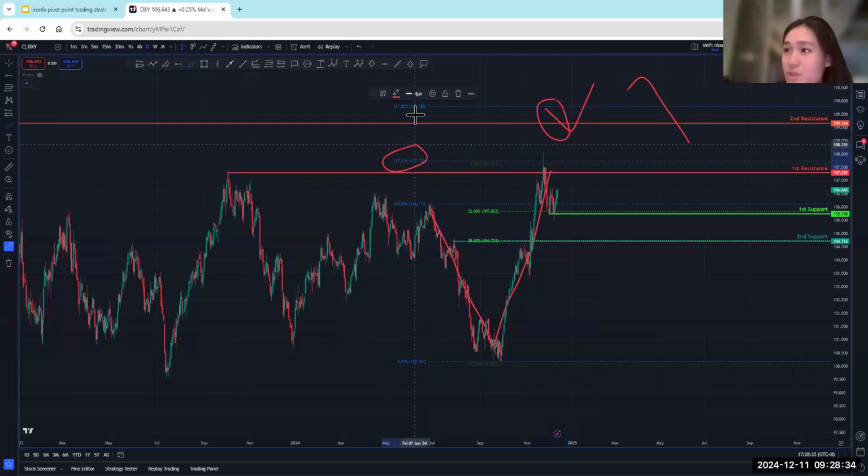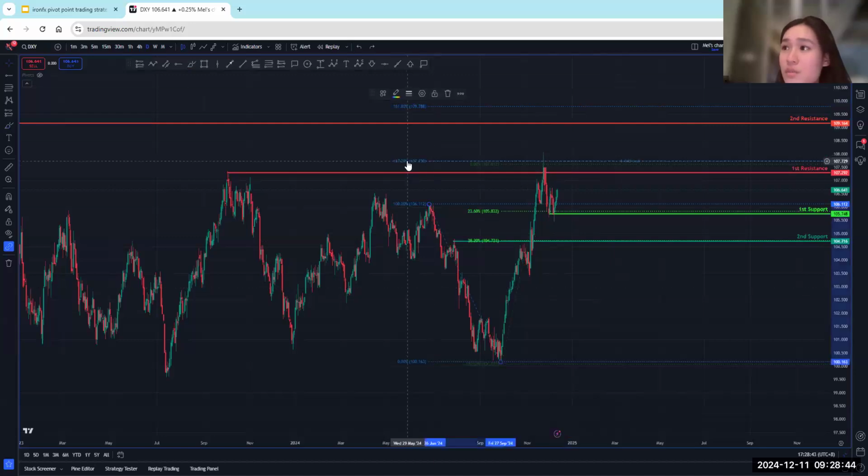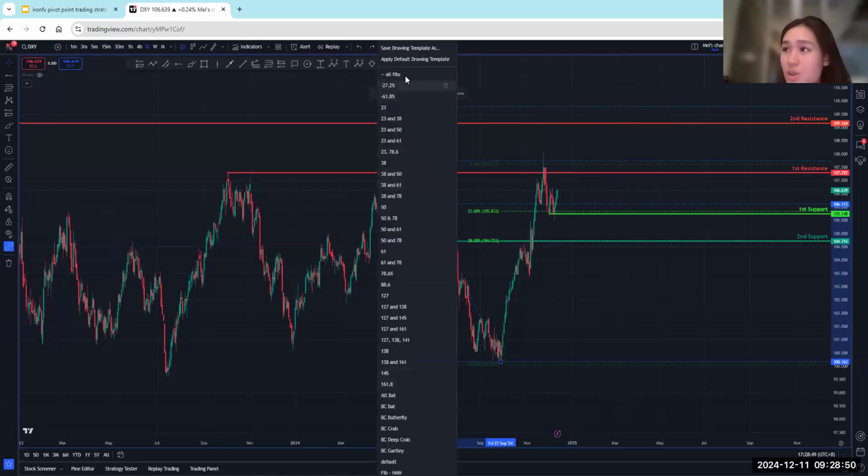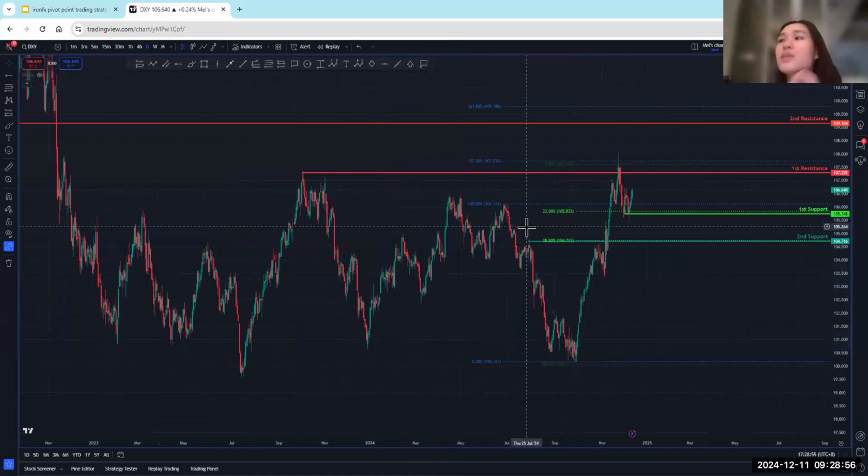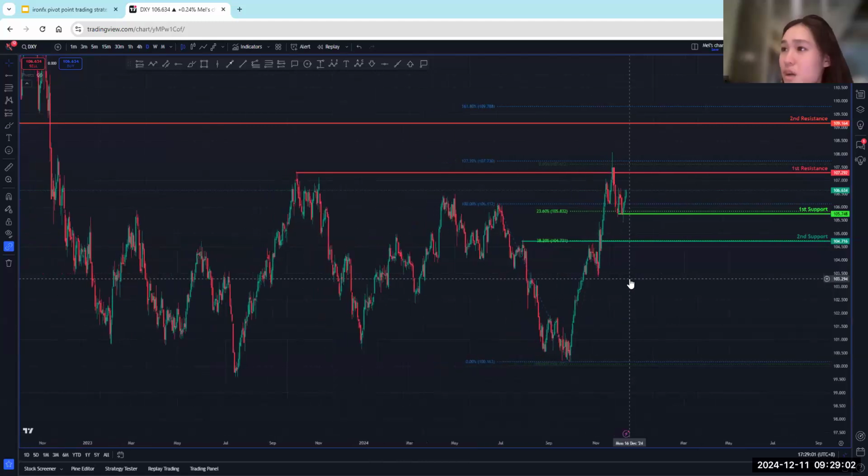So you can see my 127 and my 161 both line up with the first and second resistance. This method basically uses the levels that are greater than 100%. So you can see I'm using the 127 and 161 here. Those are normally the levels that we find to be the most effective.